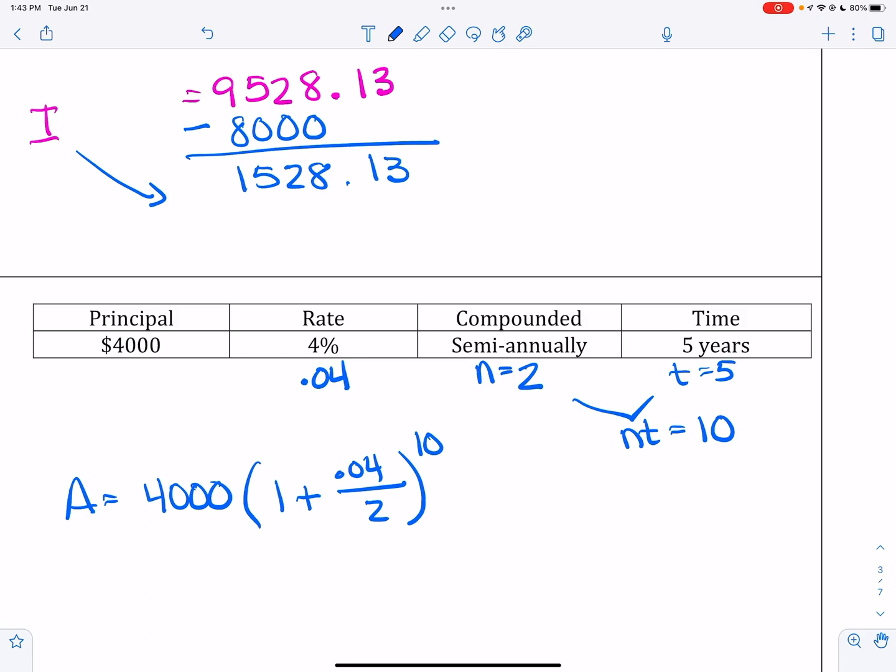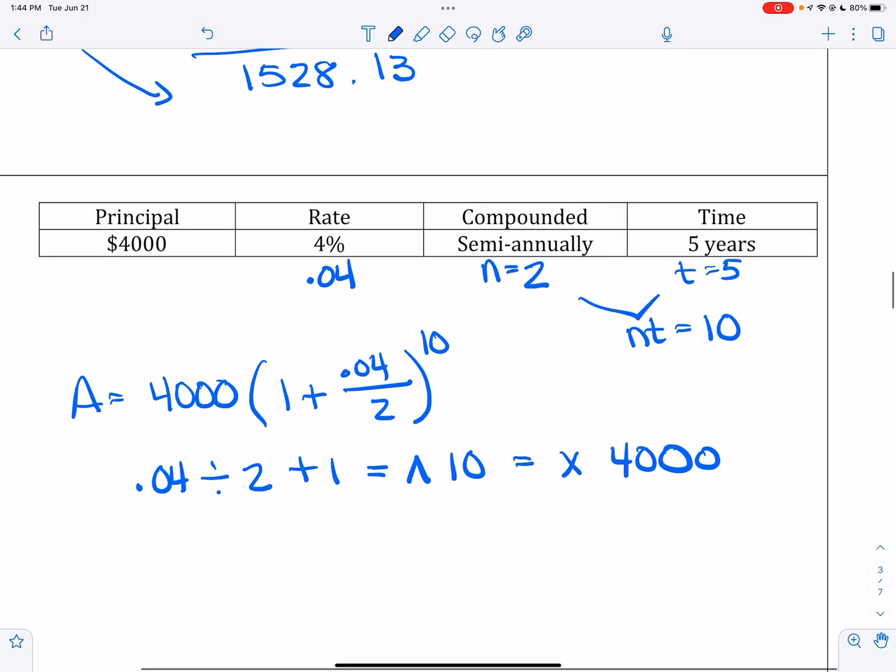So as I do this on my calculator, again, I always start with this 0.04 divided by 2 plus 1, then I hit equals, then I raise it to the 10th power, and I hit equals, and then I multiply by 4,000.